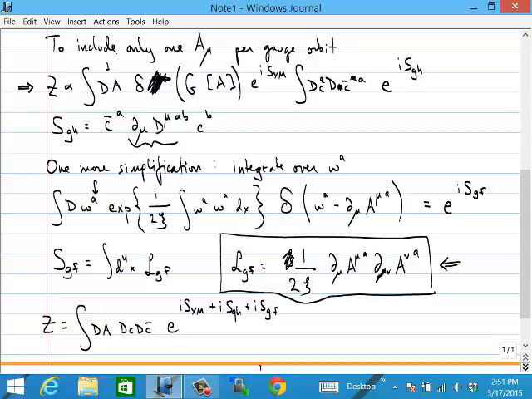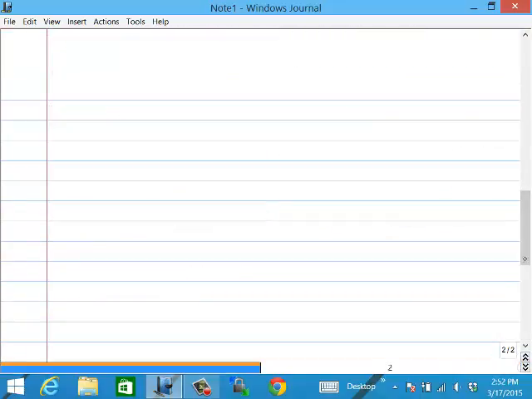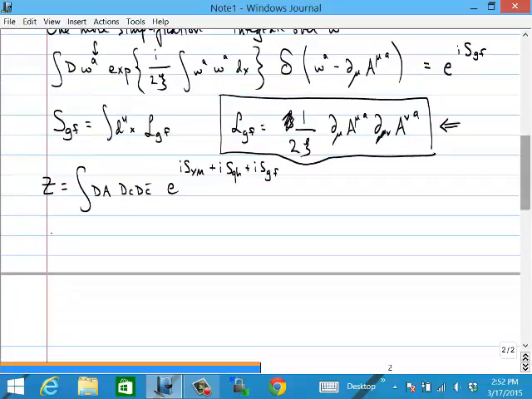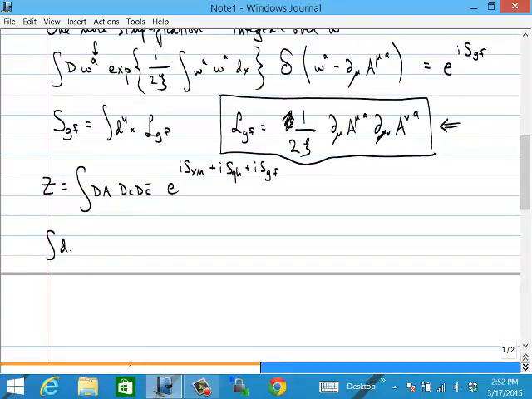You don't contract an index of an integration measure, right? So for example, if you were doing an n-dimensional integral and you wanted to integrate over dx1 up to dxn, you could schematically write this as the integral dxi. I guess you would really write it as the product over i of dxi.